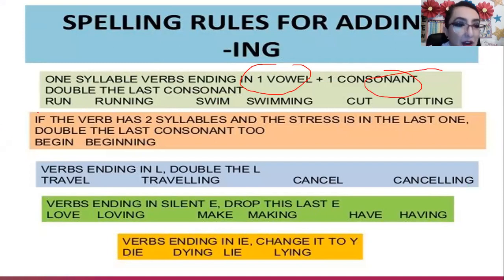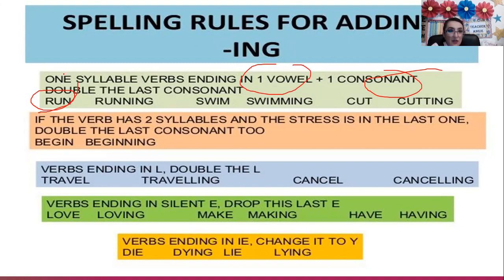For example, run, the sandwich rule, la ley del sandwichito, consonante, vocal, consonante. You are going to be duplicating the last one. Running, swim, consonant, vowel, consonant, swimming, duplicating. Cut, consonant, vowel, consonant, double letter T, cutting.